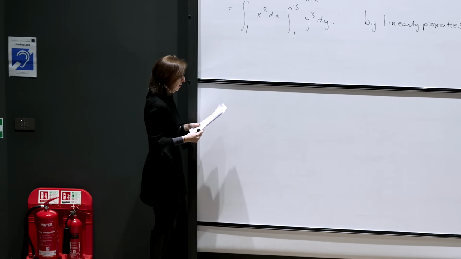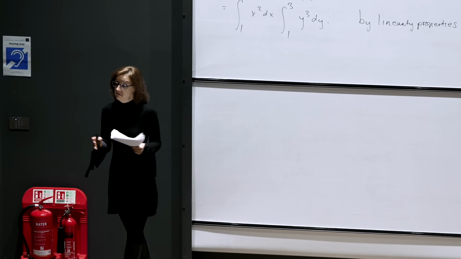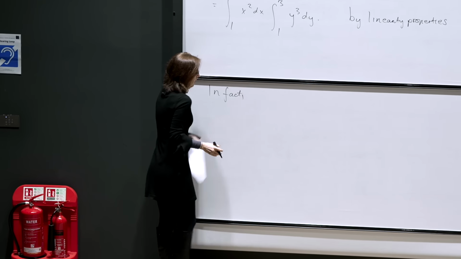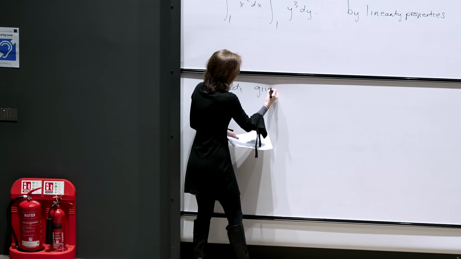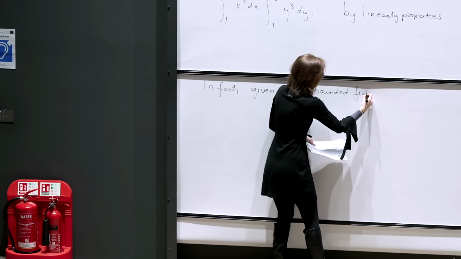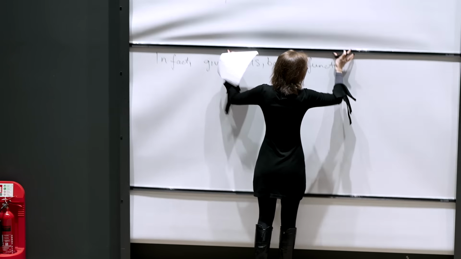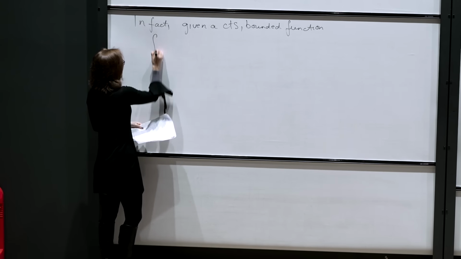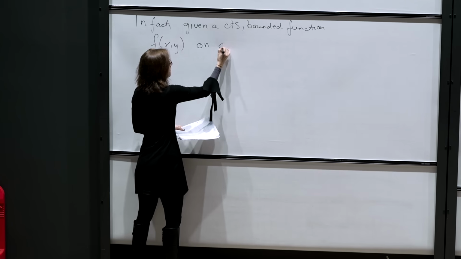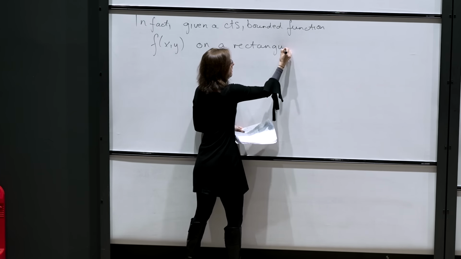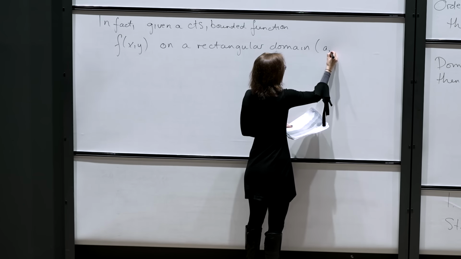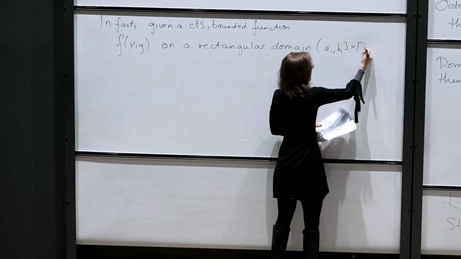Right, okay, so it doesn't matter whether we integrate with respect to x or with respect to y. And in fact, we can write that as follows. Given a continuous bounded function f, which is a function of x, y, on a rectangular domain, which we're going to write as [a1, b1] cross [a2, b2].